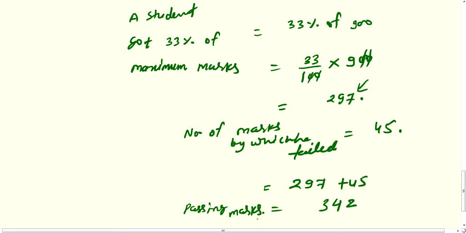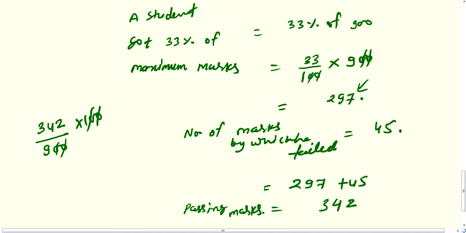Now we have to find the percentage of passing marks. As you know, passing marks means obtained, that is 342, divided by total, that is 900, into 100. 0 0 0 0 get cancelled.